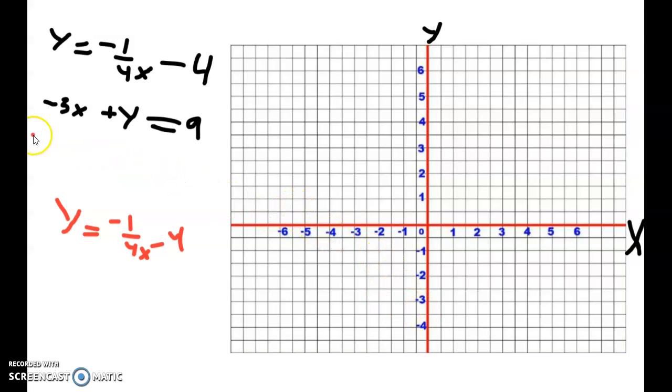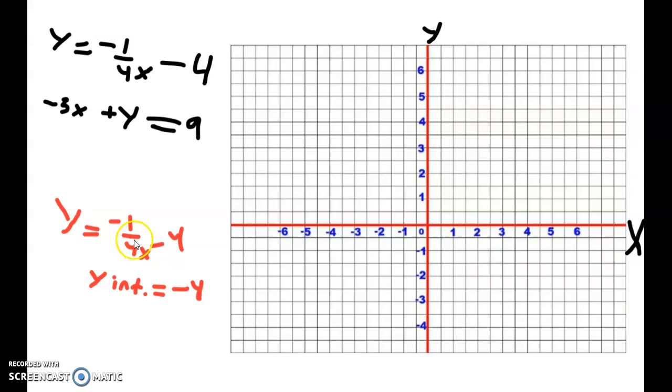So what we're going to do is write y-int, which stands for y-intercept in this case, equals negative 4. Not just 4, not just minus 4, it is negative 4. That looks like a y, but that is a 4.